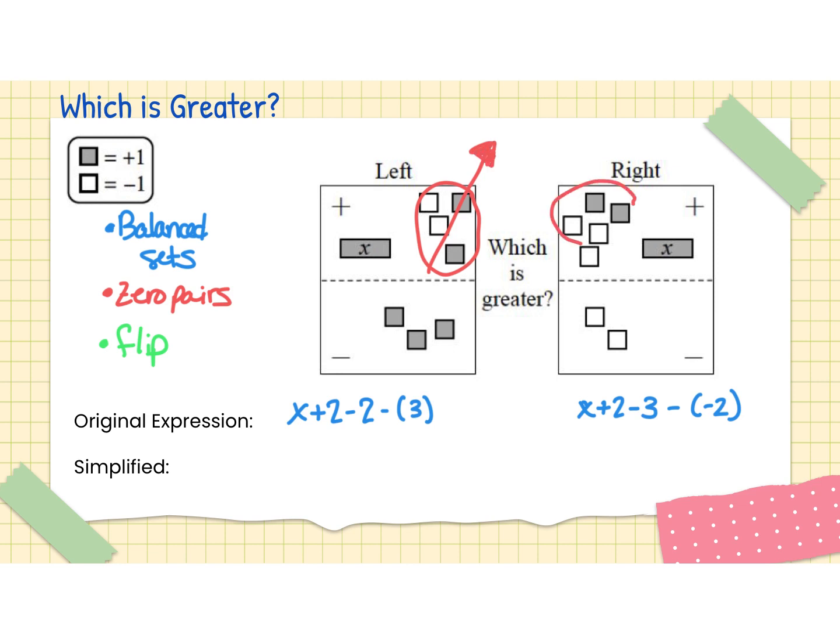And then a lot of these, so those are also gone. The next thing I'm going to do is get rid of my balanced sets. So I'm going to take this x off as a balanced set, and I'm going to take that x off as a balanced set. I am also going after these two as a balanced set.